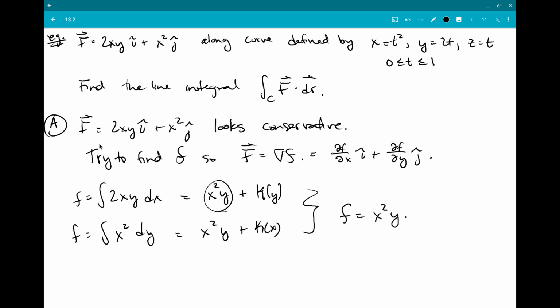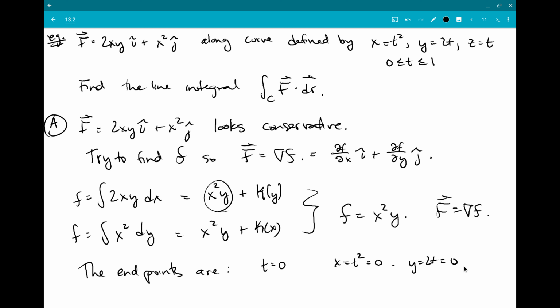And if I computed the gradient, I could go ahead and check that grad f does equal that vector field. And now I just need to know the endpoints. So if t equals 0, then x is equal to t squared is 0. y is equal to 2t is equal to 0.